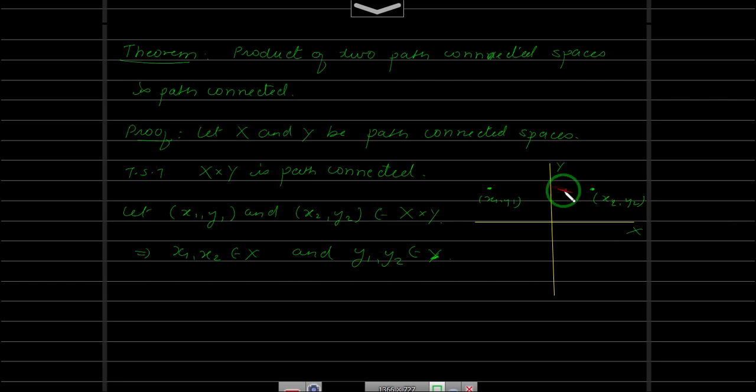We need to get the continuous path. Now here, since x1, x2 are in x and y1, y2 are in y, there is a path from x1 to x2 and from y1 to y2.